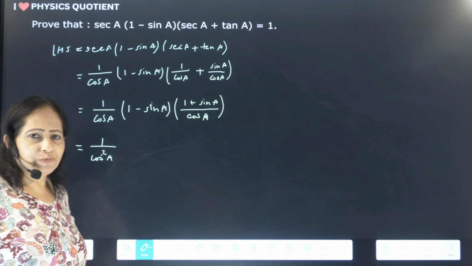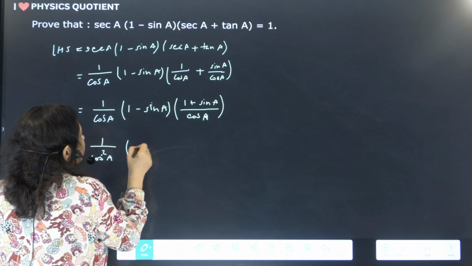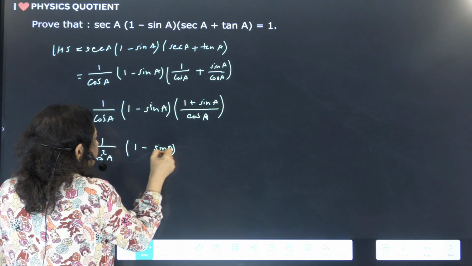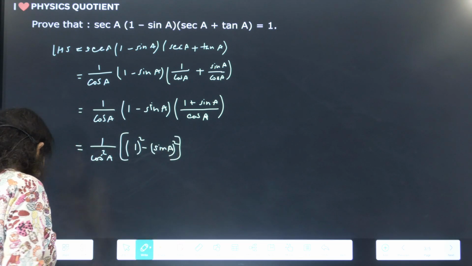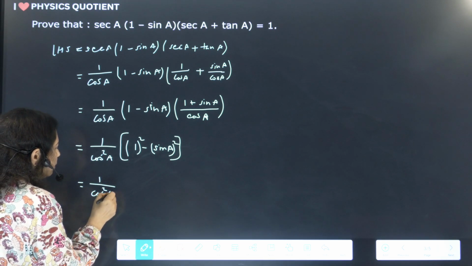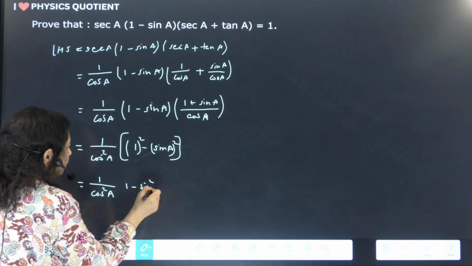Here a is 1, b is sin A. So we can write 1 square minus sin A whole square like this, right? So this will be 1 upon cos square A into 1 minus sin square A.